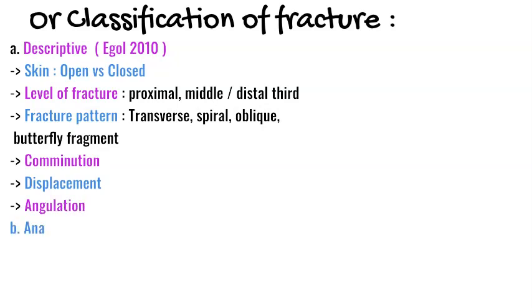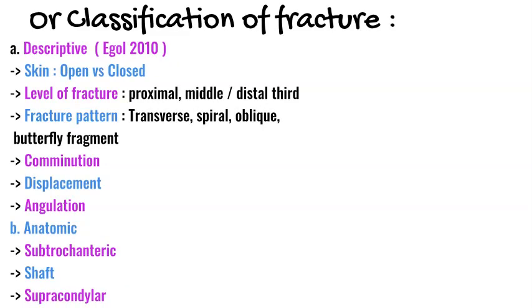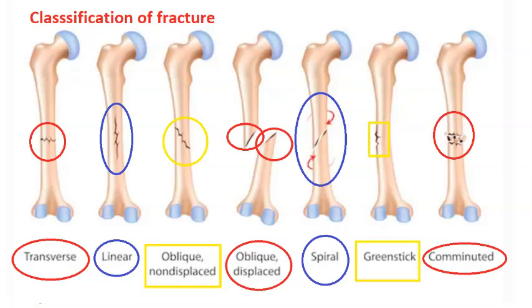Or B. Anatomic, based on location: subtrochanteric, the shaft or supracondylar region. This figure shows the classification of fracture, whether it's transverse, linear, oblique non-displaced, oblique displaced, spiral fracture, greenstick fracture, or comminuted fracture.